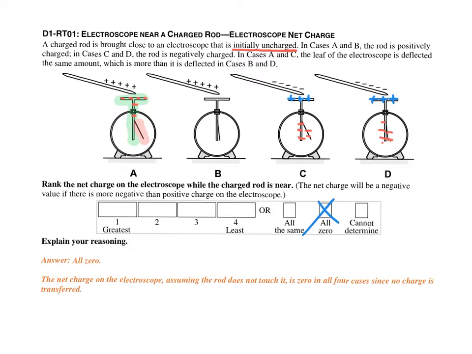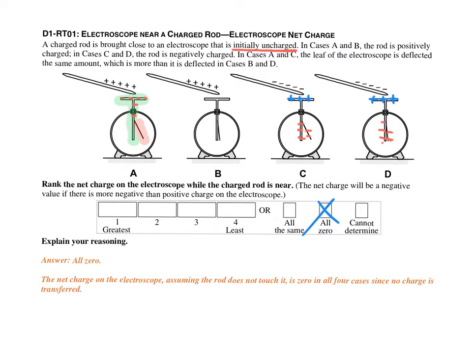And there's a one-sentence version, and I had a paragraph-length version in my explanation. So how you log that in your notes: it is true, the net charge on the electroscope, assuming the rod doesn't touch it, is 0 in all 4 cases, since no charge is transferred.